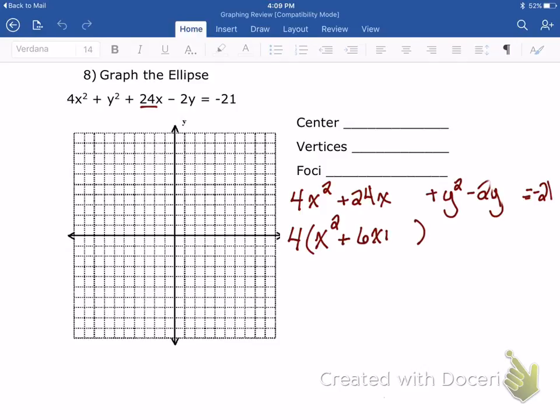I'm going to keep that in parentheses to remind myself that everything inside the parentheses has to be multiplied by 4. That's going to be a big deal when we start adding that value to both sides. I'm just going to rewrite my y values now.